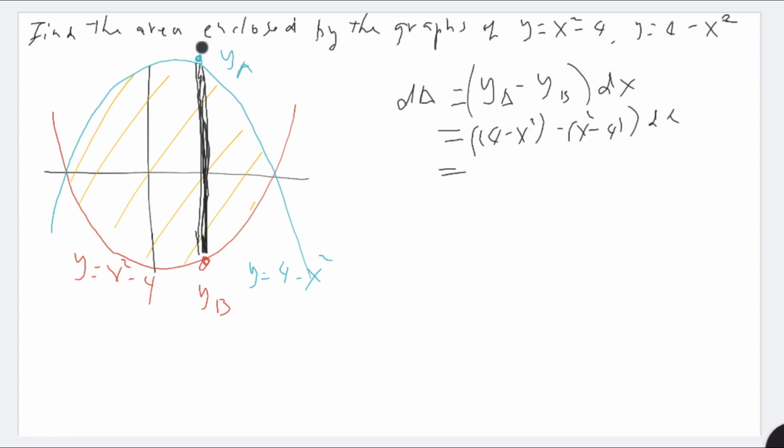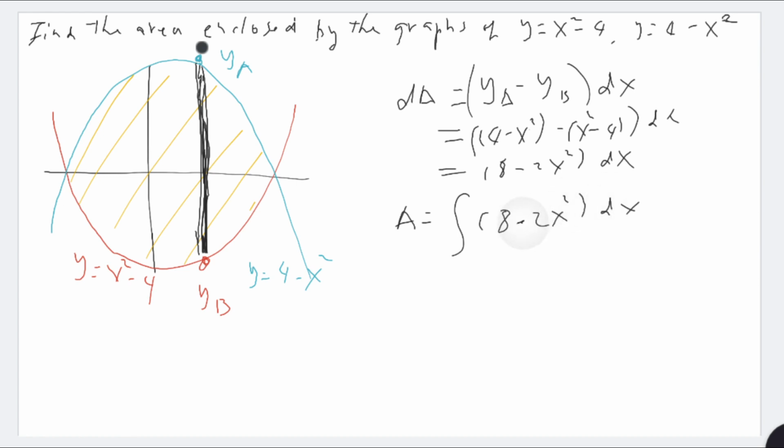So you simplify it, it is 8 minus 2x squared. All right, now our integral will be then a to b, 8 minus 2x squared times dx.